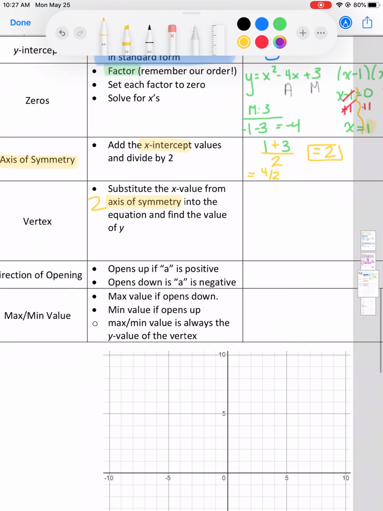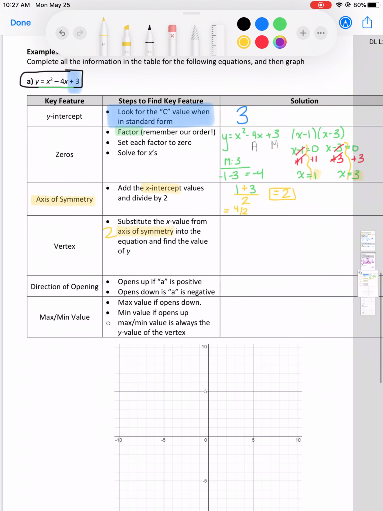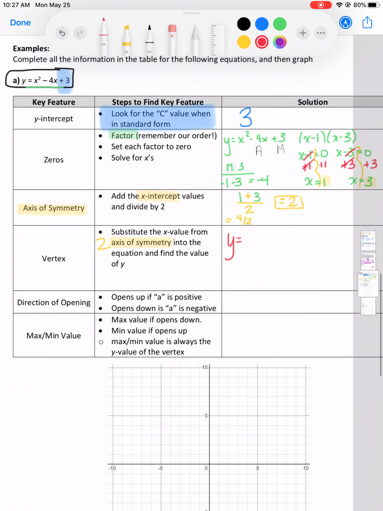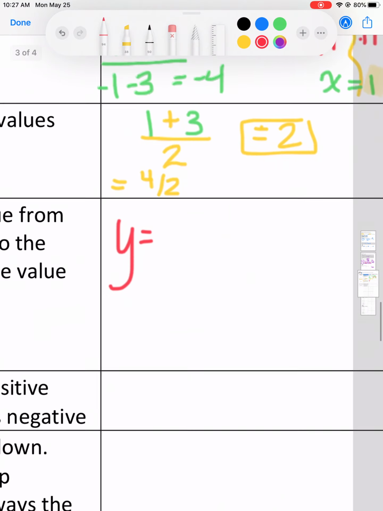So our equation is y is equal to x squared minus 4x plus 3.